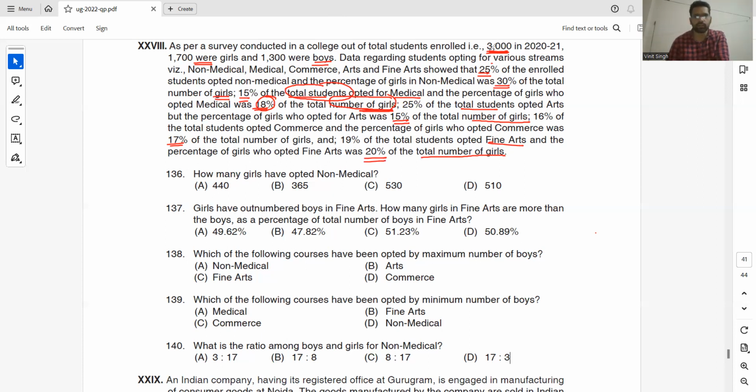Now, the total number of students is 3,000. We will distribute these 3,000 students into two parts, the number of boys and girls. And there are different streams. We will solve it stream by stream.